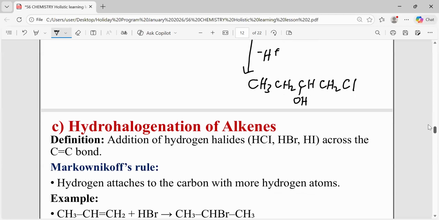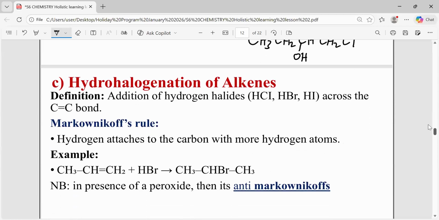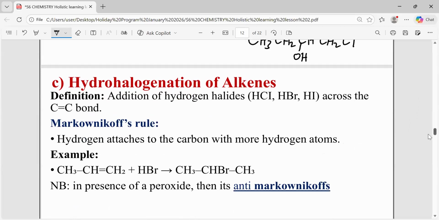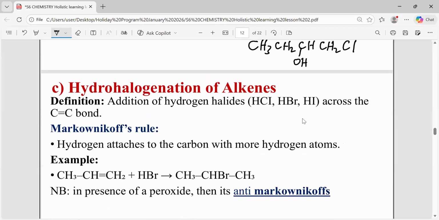Now remain on the call, and then we go to what people have been asking. Hydrohalogenation is what we call the addition of hydrogen halides, the ones I also called at the beginning the halogenic acids.